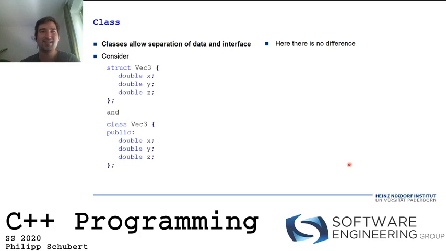So there is basically no difference between struct and class besides the default visibility. The default visibility using structs is, as you already observed, public, and the default visibility for a class type is private.